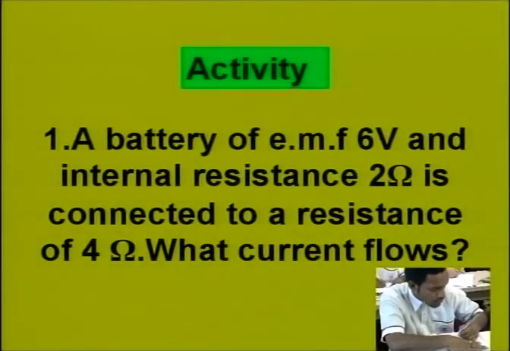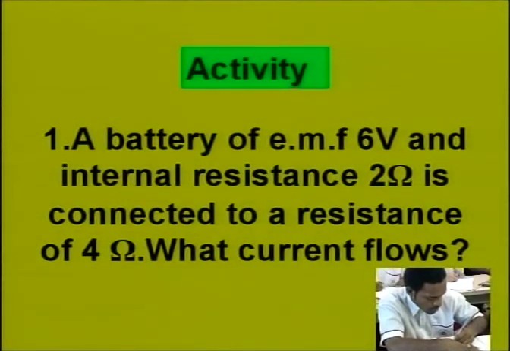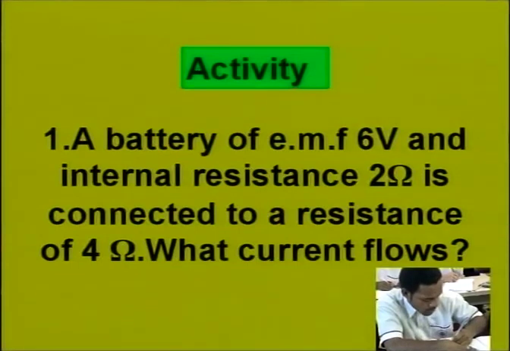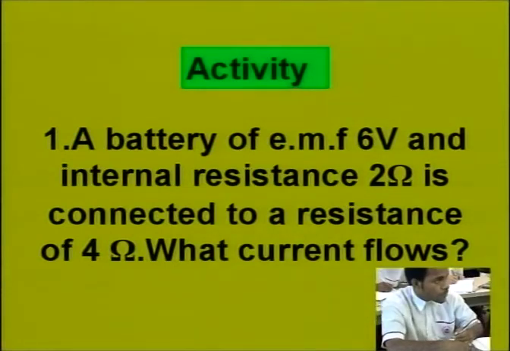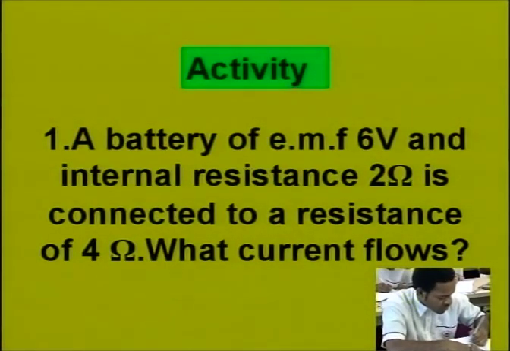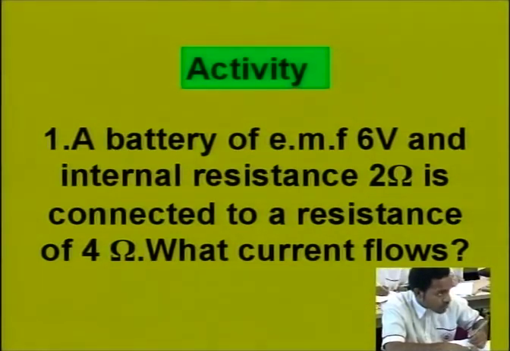The internal resistance will be 2 ohms, especially the resistance in the connecting wire. And then you have the 4 ohms, which is from the resistor. Using that, what current will flow through that conductor?